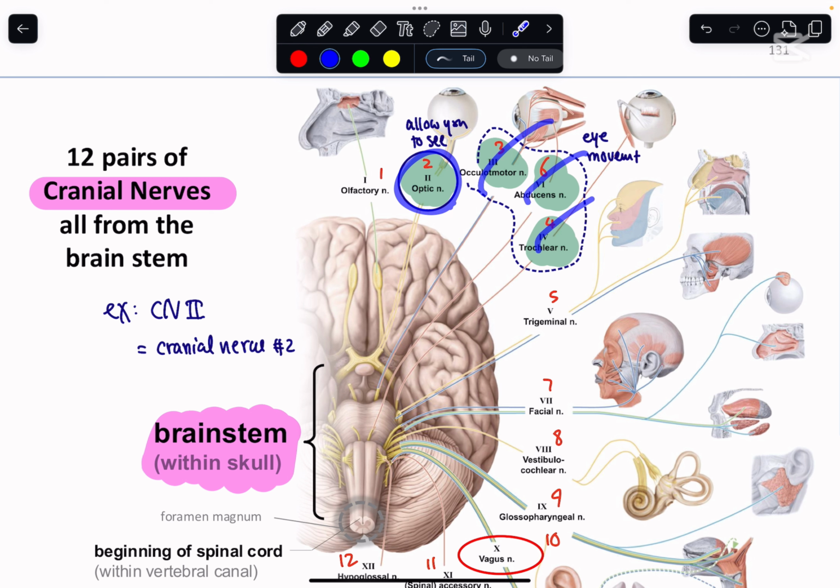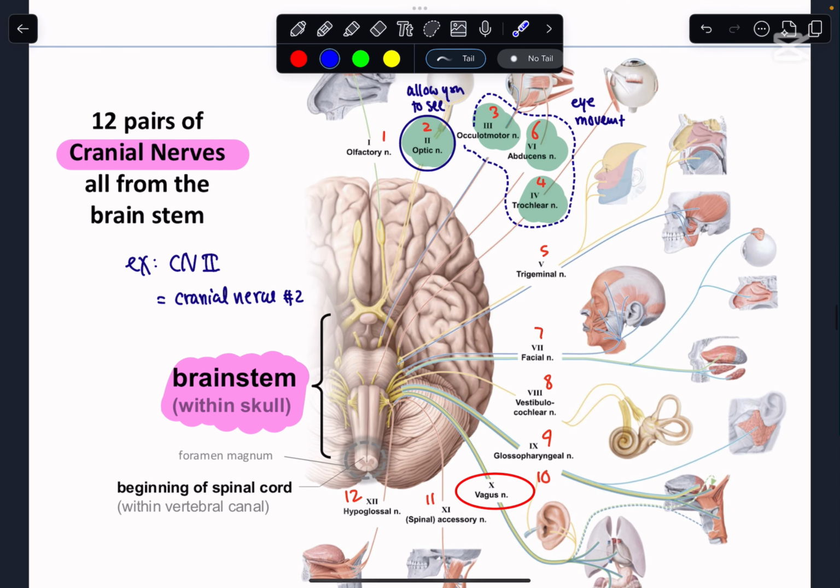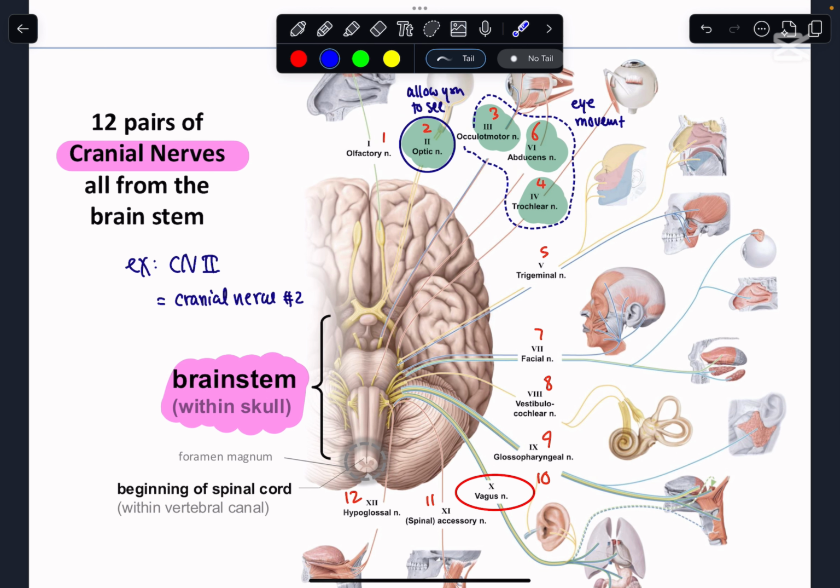CN3, 4, and 6 have to do with eye movement. You don't need to know the actual names, which are the names of the muscles, by the way: oculomotor, trochlear, and abducens. Don't worry about the names, just know the number. So 3, 4, 6 make your eye move, and number 2 actually allows you to see. So far, so good. I want you to know the trigeminal nerve, which is nerve number 5.